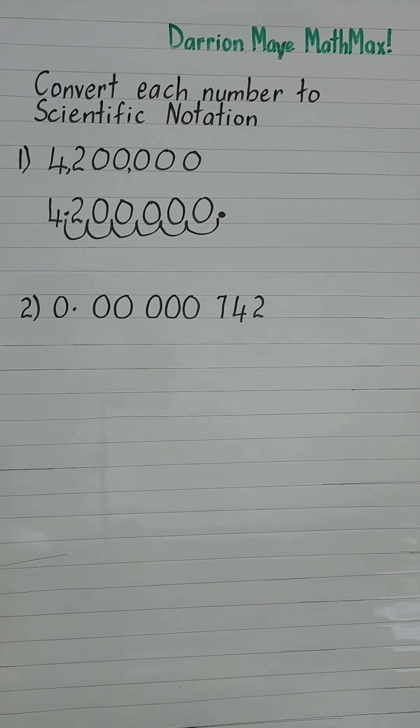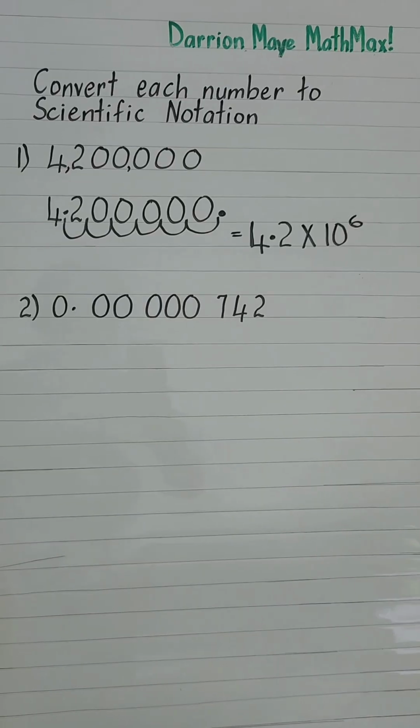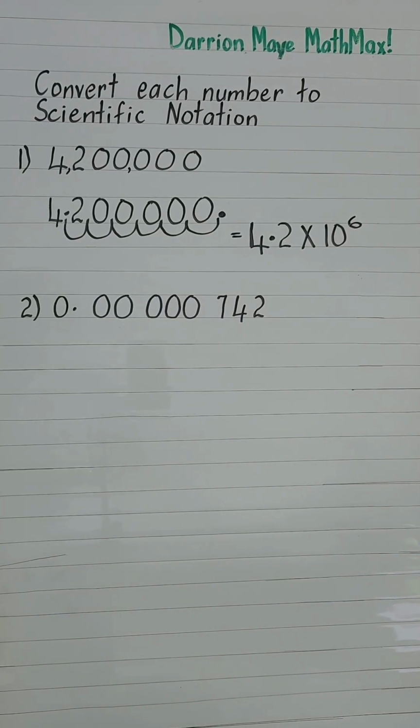In writing scientific notation, we know that the base is 10 and the exponent will be the number of places we move the decimal point.